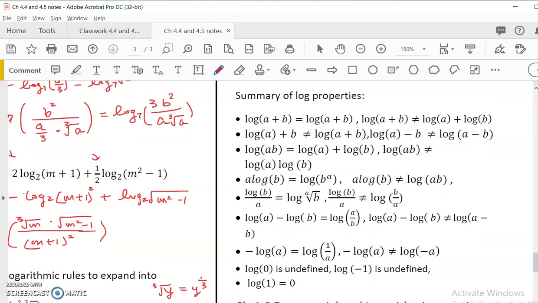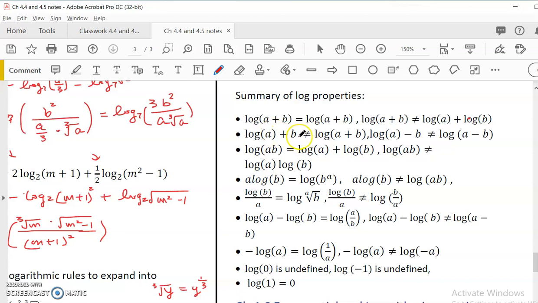So if you have log of (a plus b), can you split them as log a plus log b? No, you cannot. Can you split them as log a minus and multiply? No. If it's a plus b inside, that is the simplest form. Log (a plus b) is not equal to log a plus log b, because log a plus log b can be simplified as log (a times b).